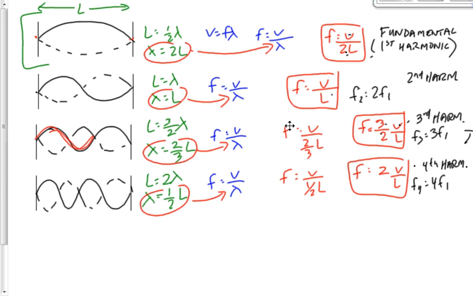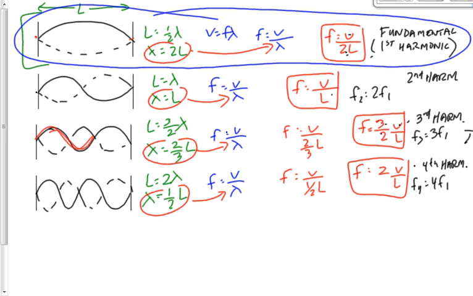This is kind of ugly, eh? There's a lot of stuff on the board here right now. There's good news with this: the pattern that's formed here. The second harmonic is twice the first harmonic, the third harmonic is 3 times the first harmonic, and so on. Really, all we have to be able to do is this one.